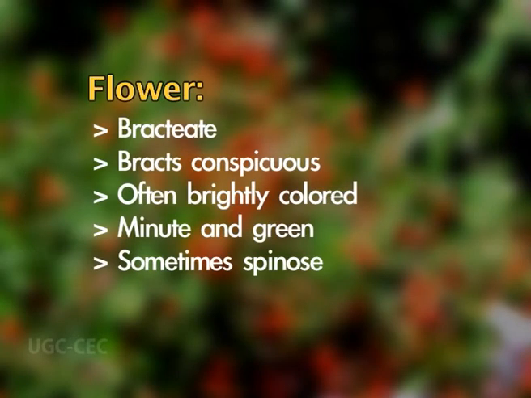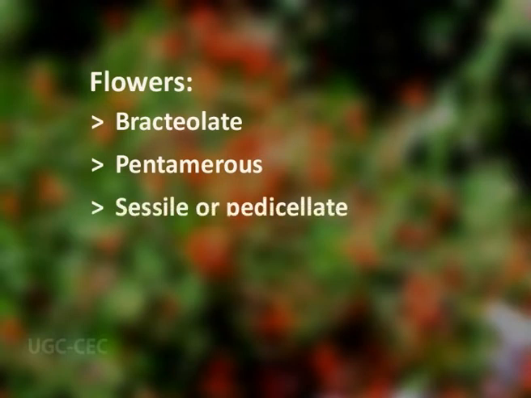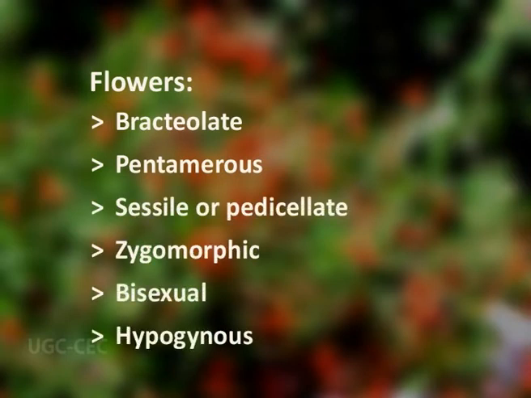Flower. Flowers are bracteate, bracts conspicuous, often brightly colored, or they can be minute and green, sometimes becoming spinose. Flowers are bracteolate, pentamerous, sessile or pedicellate, zygomorphic, bisexual, hypogynous.